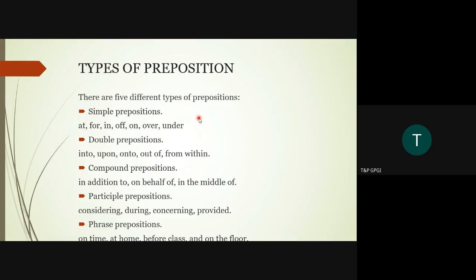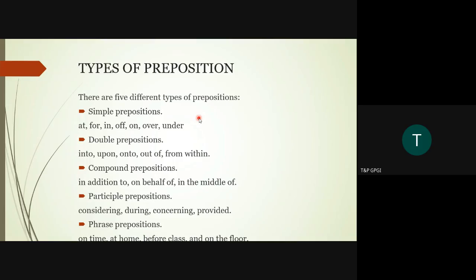Moving on to participle preposition, a few examples of participle prepositions are considering, during, concerning, or provided. The sentences in which these words come, these words stand for participle prepositions. Moving on to the last type, that is phrase prepositions.